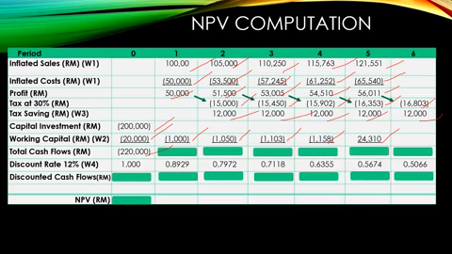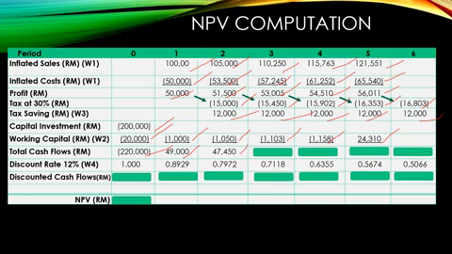As for period 1, the amount of total cash flow will be 49,000 ringgit. That is profit 50,000 ringgit, no tax saving, and you need to minus with working capital. So you will get 49,000 ringgit. For period 2, the amount of total cash flows will be 47,450 ringgit.